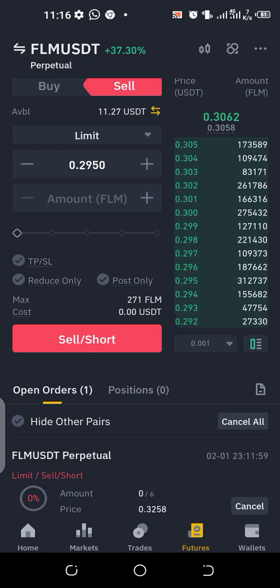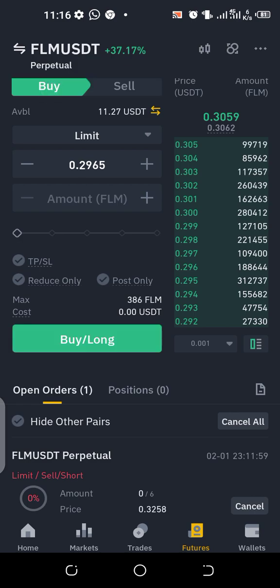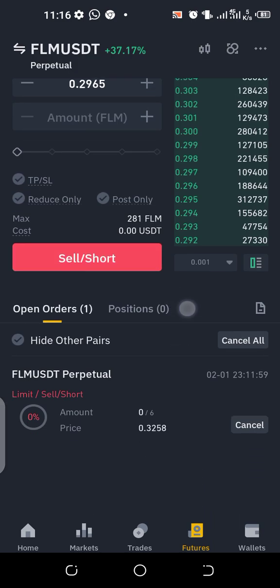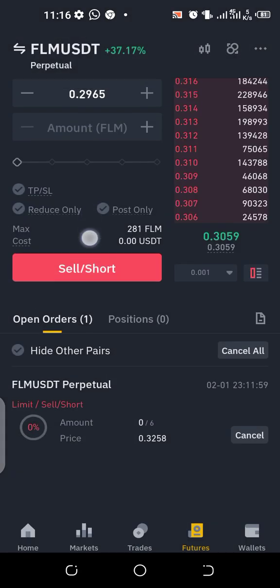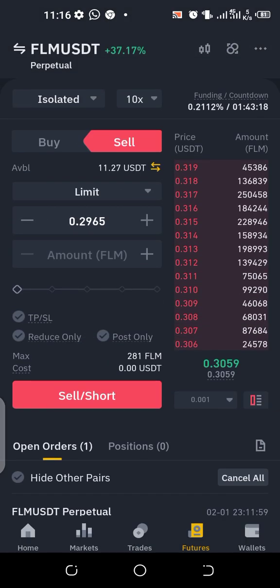I can place my buy order at 296, just above 295, and for me, I'll usually add half the denomination. So I can place my buy order there at 0.2965, and if it's a sell order, I can place it just below the next available resistance line.